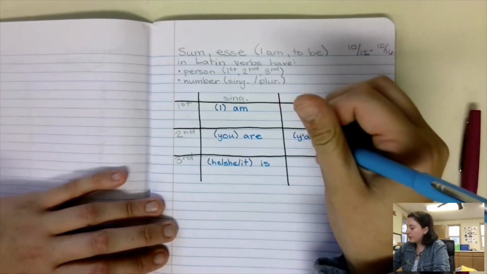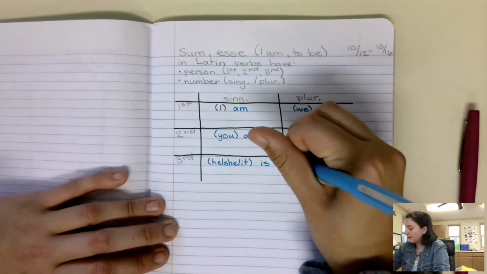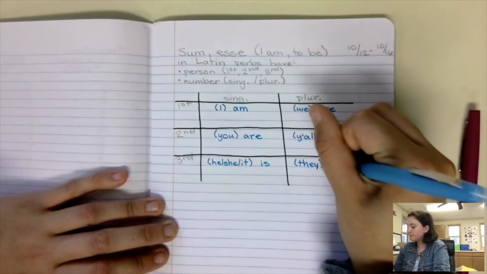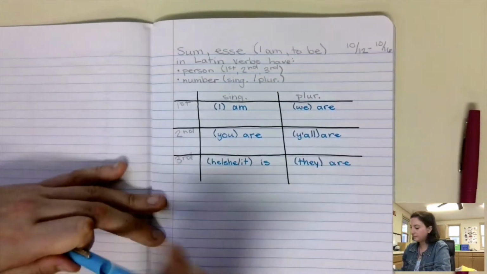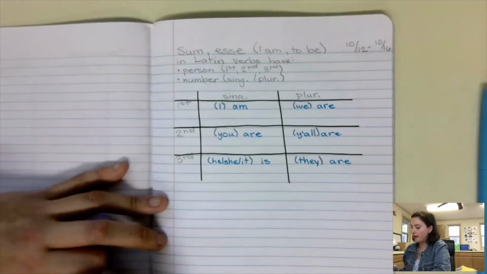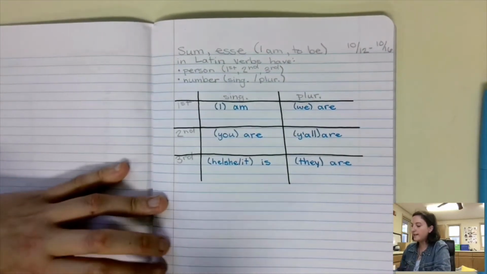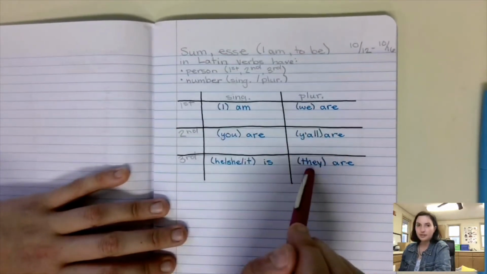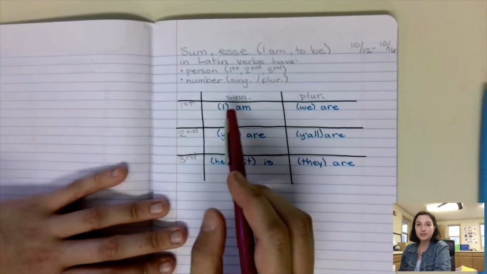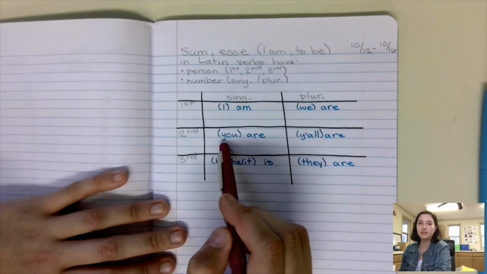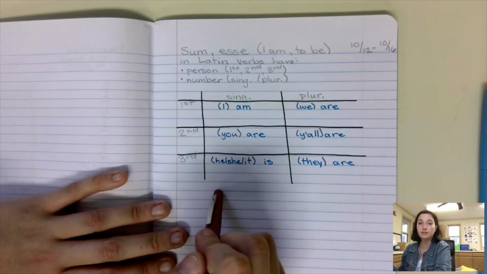And the third person plural is they are. So this is what it means to conjugate a verb. It's when you take it through its different forms. So you start with maybe first person singular, and then you change it to second person singular, and then you change it to third person singular, and so on.